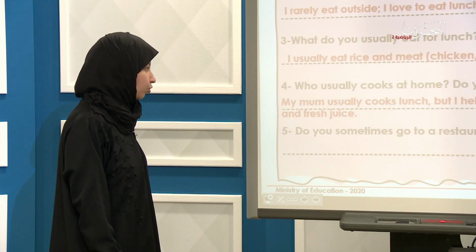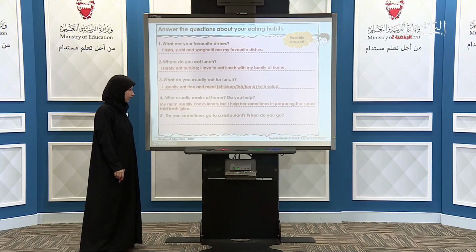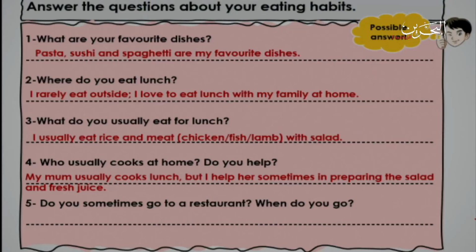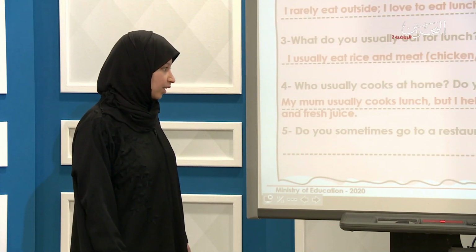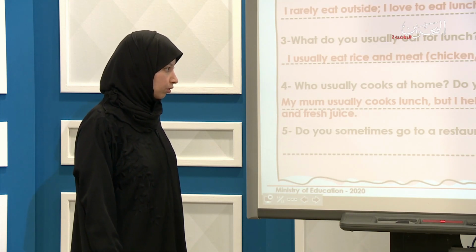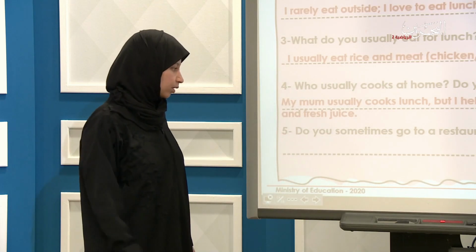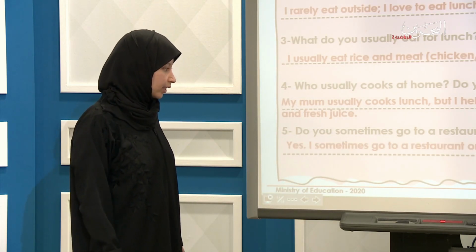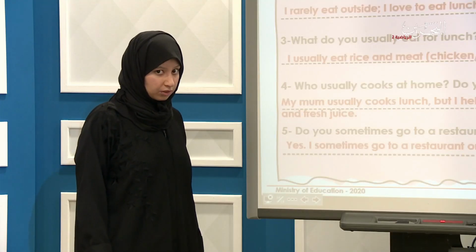My mom usually cooks lunch, but I help her sometimes in preparing the salad and fresh juice. Number 5, the last question. Do you sometimes go to a restaurant? When do you go? They asked us when, about the time. Yes, I sometimes go to a restaurant on special occasions.